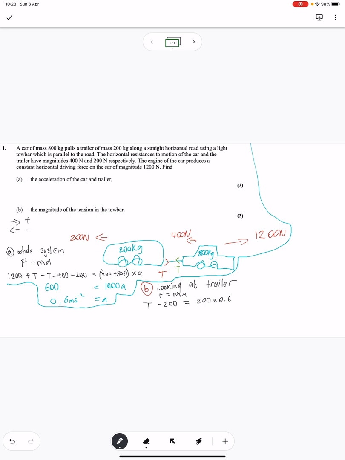So T minus 200 is equal to 200 times 0.6. Therefore, T is equal to 200 plus 200 times 0.6. Okay. And what's that going to be? I think 320? Yeah. And specifically 320 newtons.